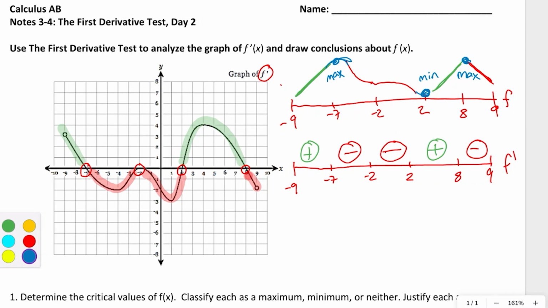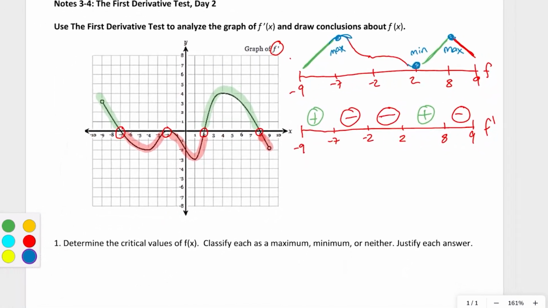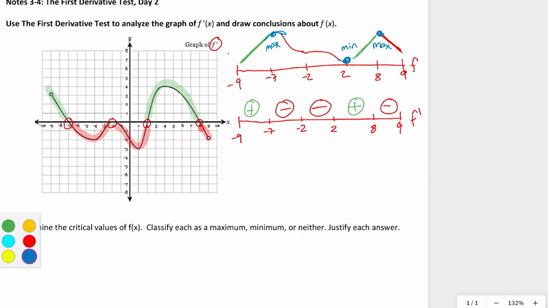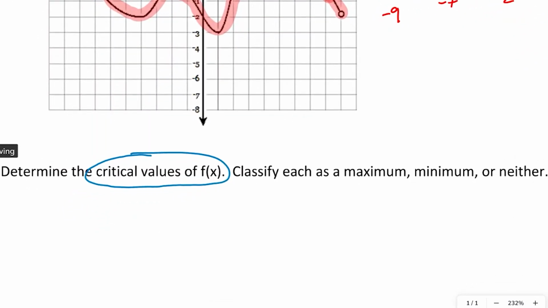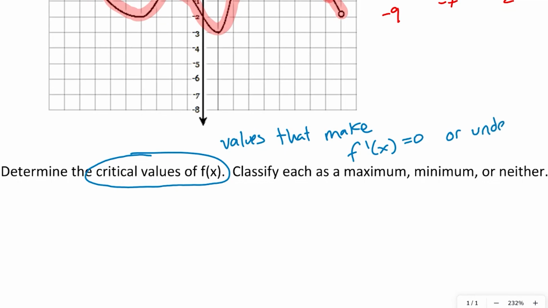So now we're ready to answer all these questions. It says, number 1, determine the critical values of f and classify them as being maxima or minima or neither. So the critical values of f, just to remind you of the definition of what that means, these are the values, I'll write it up here, values that make the derivative either 0 or undefined.